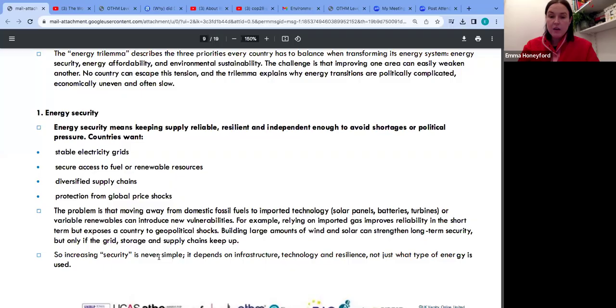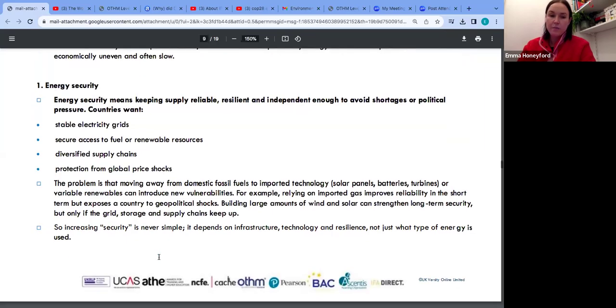For example, relying on imported gas improves reliability in the short term, but exposes a country to geopolitical shocks. If we build large amounts of wind and solar, we can strengthen long-term security, but only if the grid, the storage and supply chains are in place and can keep up. So increasing security is never simple, and it depends on the infrastructure, technology and resilience, not just what type of energy is used. It's ensuring that we have the technology there.